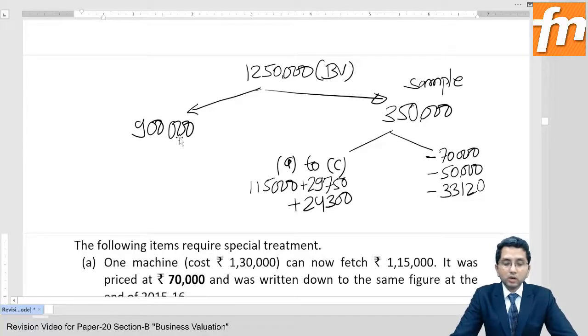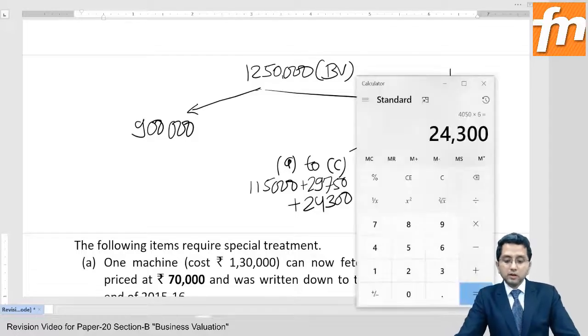9 lakh currently you are not considering. You have taken a sample of 3,50,000. This sample comprises 3 items A, B and C, which will be included at 1,15,000, 29750 and 24,300 in your books, and their book value should be deducted from the total book value of the sample.